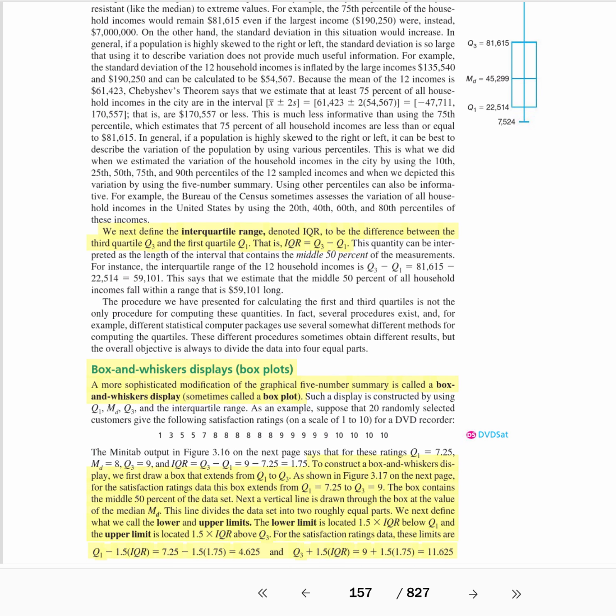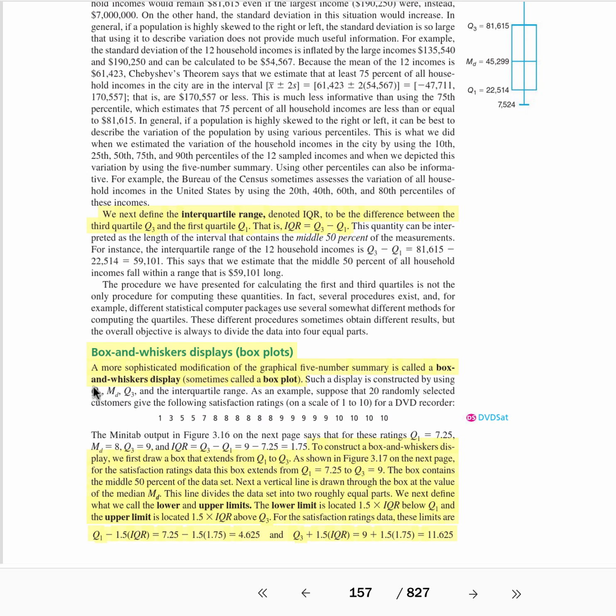Here is an example from one of the data sets we have, which is the satisfaction rating for a DVD recorder. The rating scale goes from 1 to 10, and this is how people rated that specific DVD recorder.